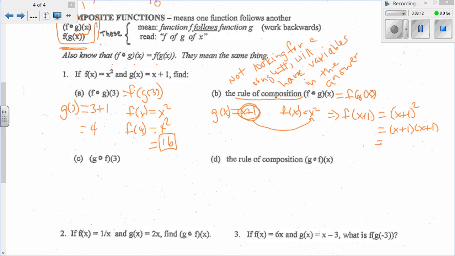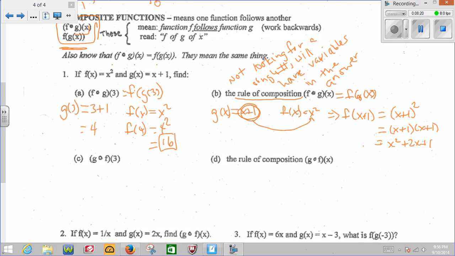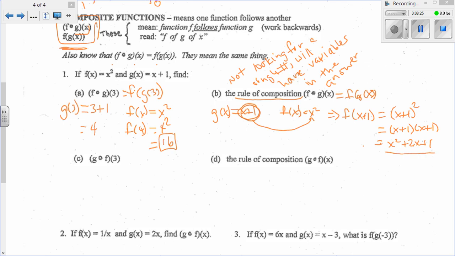And when I multiply here, I will get x squared plus 2x plus 1. This x squared plus 2x plus 1 is my rule of composition. Now, when I find the rule of composition, what it allows me to do is answer a problem like A in one step.